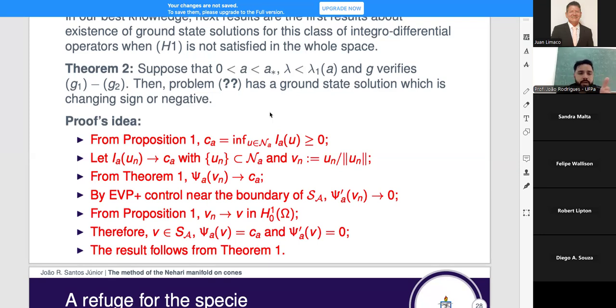Here we have some steps of the proof, which consists of combining some results involving our abstract result and the previous propositions we have shown here.